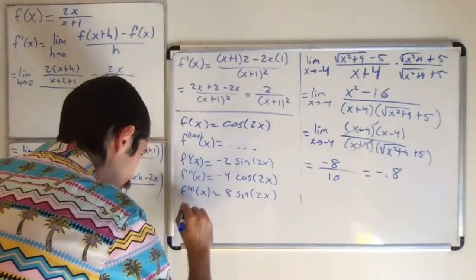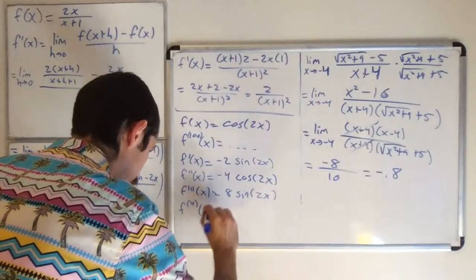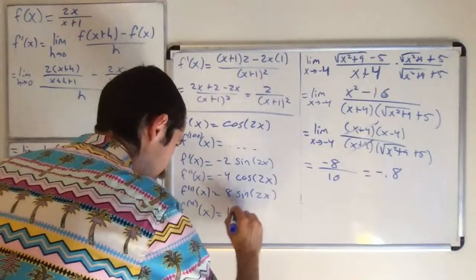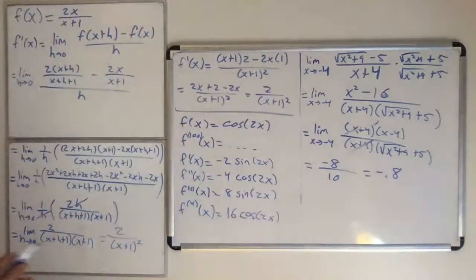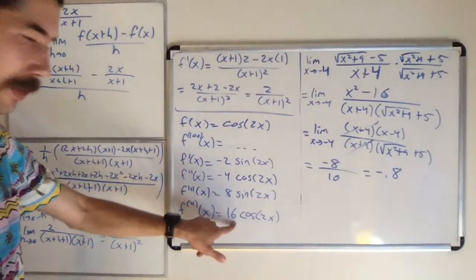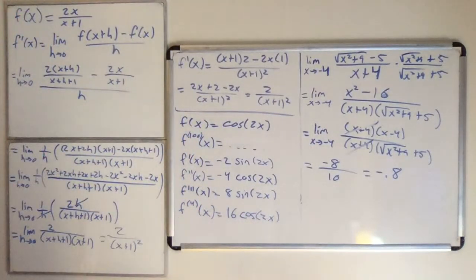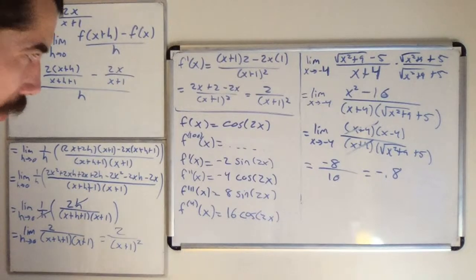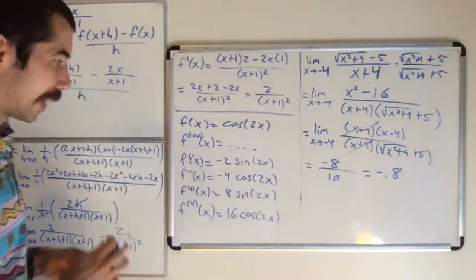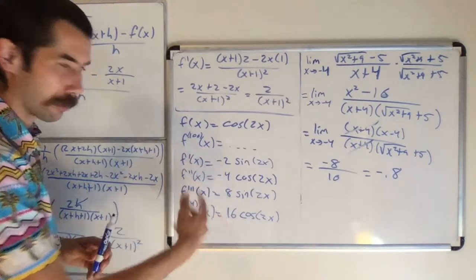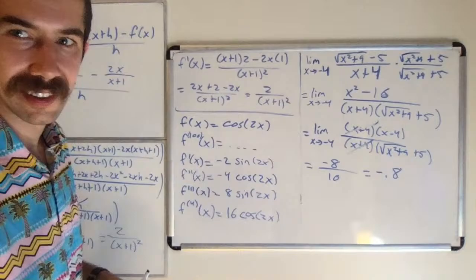And the fourth derivative is 16 cosine of 2x. We're back where we started, except with a factor of 16 out front. Maybe you can see the pattern: each time the leading coefficient gets multiplied by a factor of 2.